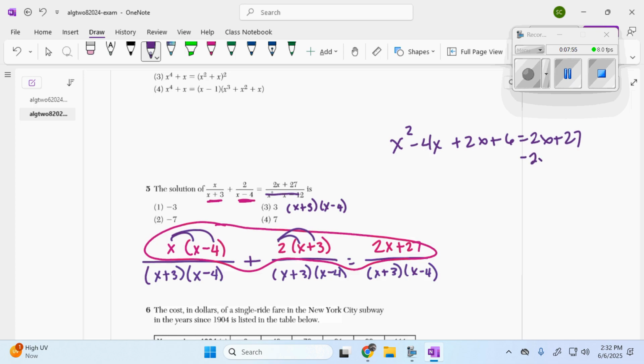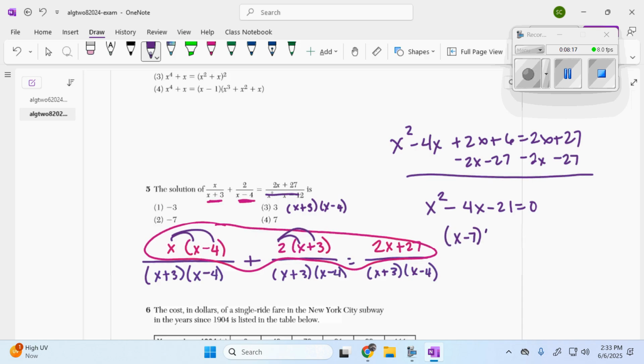So if I subtract the 2x and the 27 to the other side, combine some like terms, we get x squared minus 4x minus 21 equals 0. If this is one of the problems, it's going to come out to be factorable here, so think factoring. What multiplies to make negative 21 and adds to make negative 4 is negative 7 and positive 3. So our two potential answers are positive 7 and negative 3.